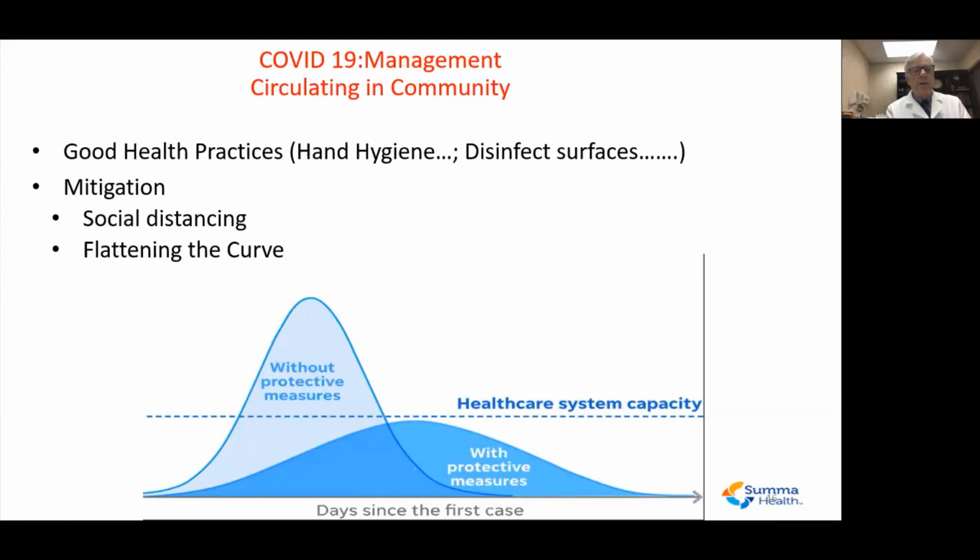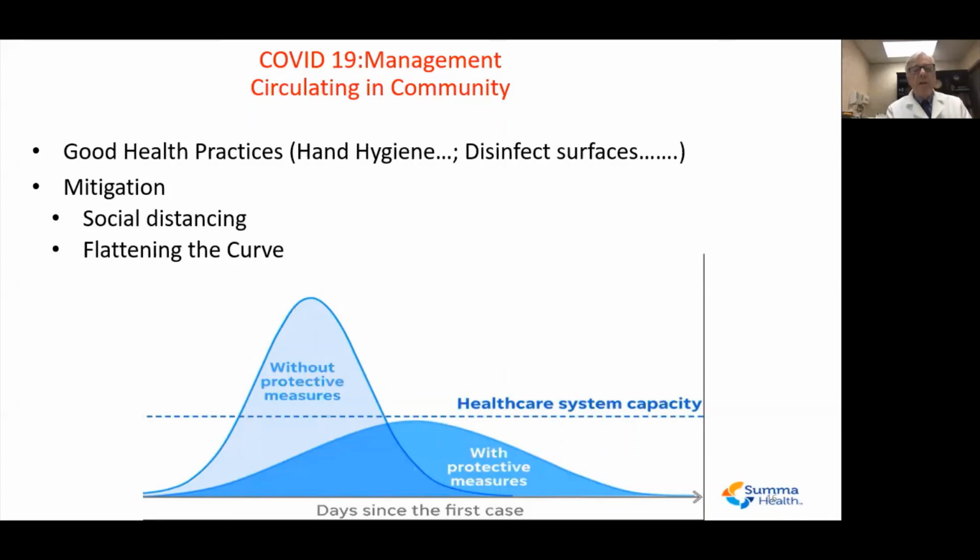Since we know it's in the community, and that a certain percentage, we don't know how high, it may be a large percentage, are infected and asymptomatic, we almost have to consider that anybody could be infected now. So that's why we have to reduce our contact with everybody so that we reduce the transmission.